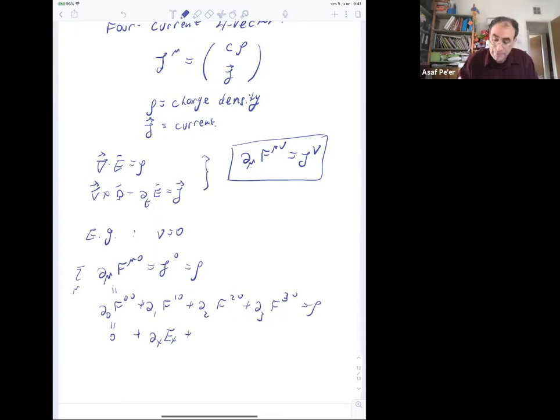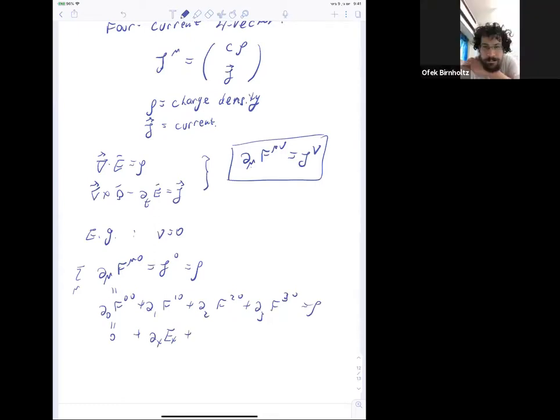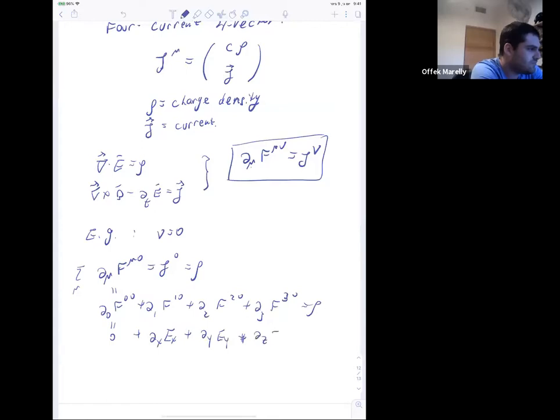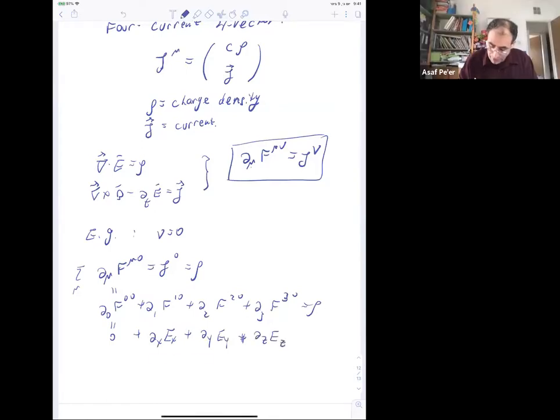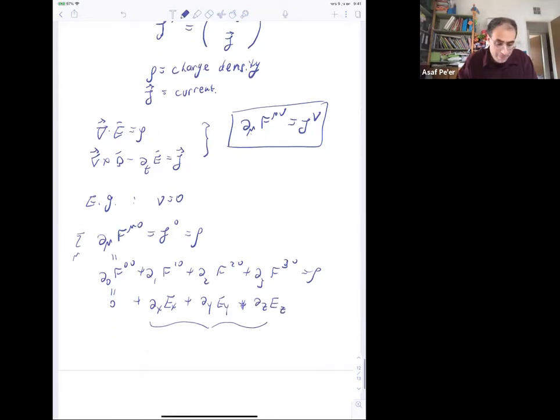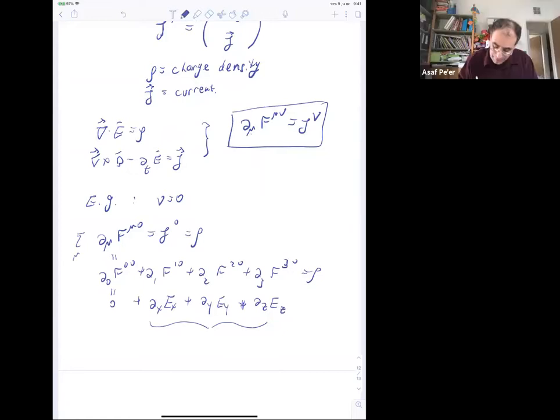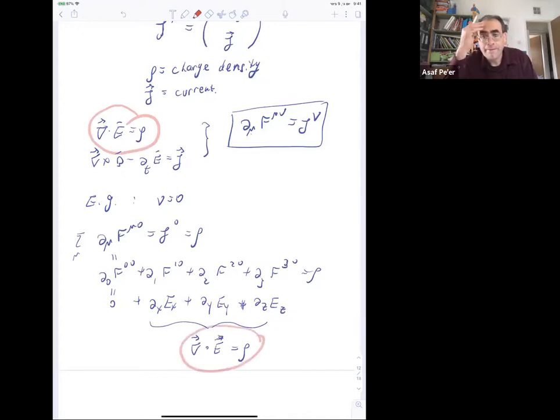The second term is ∂y Ey, the third term is ∂z Ez. If you combine all these three together, you get the divergence, ∇·E, which is just ρ.